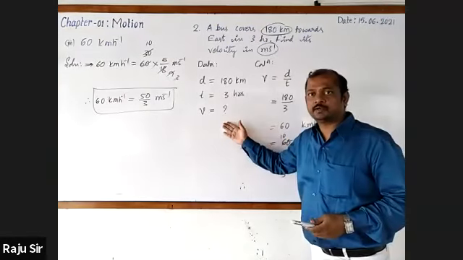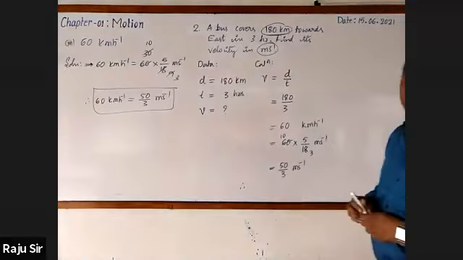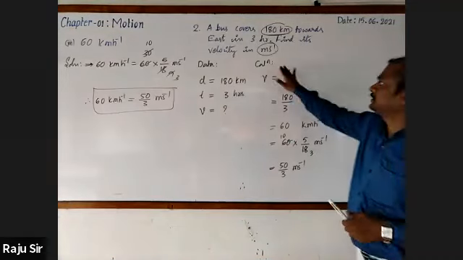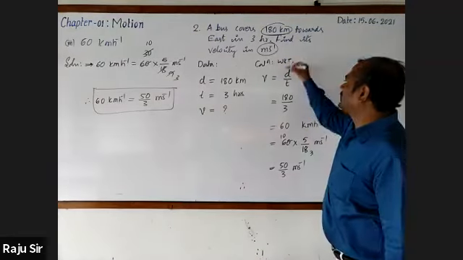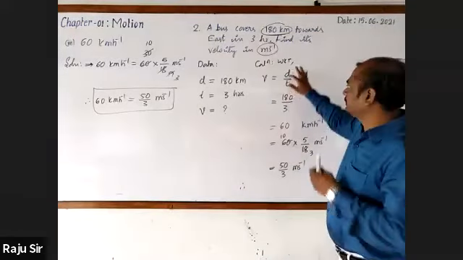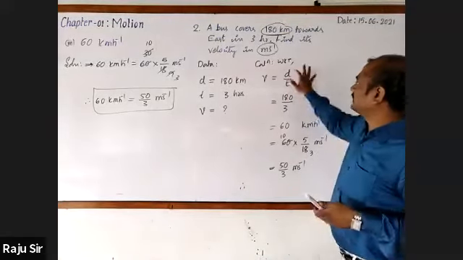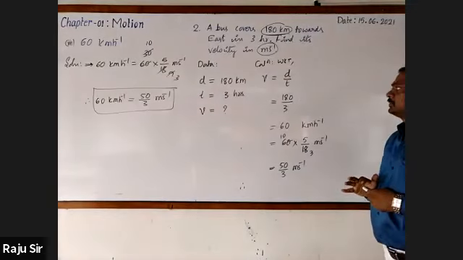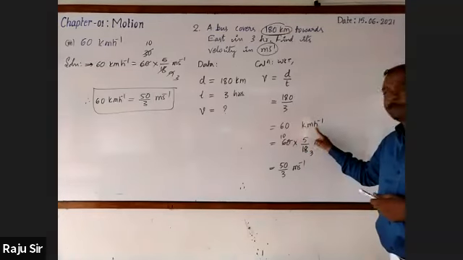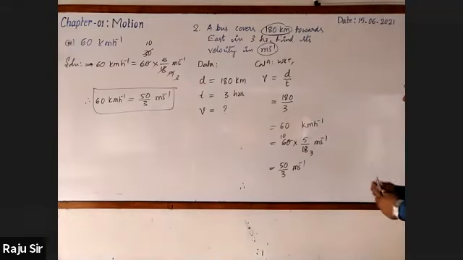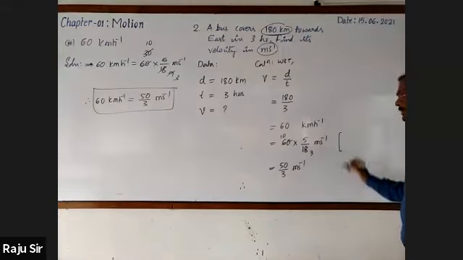As you are going to find out the velocity, right? V is equal to question mark. Calculation. We know that the velocity of a body is given by V is equal to d by t. Substitute 180 by 3. It is equal to 60. 60 kilometer per hour. Without fail, you have to mention this unit. Then you will go for converting this into meter per second.